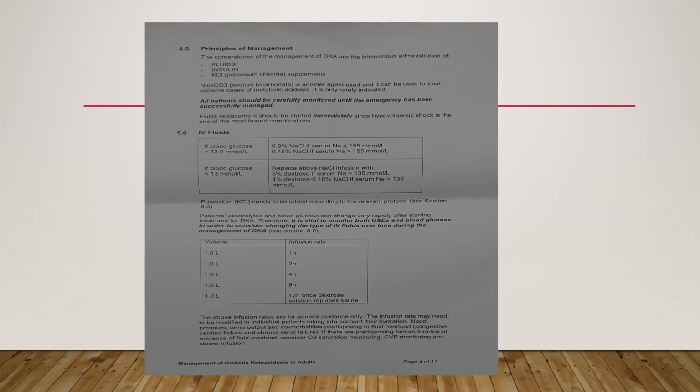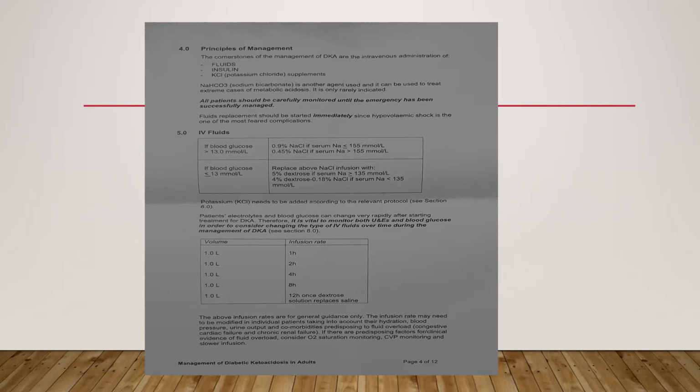Remember this, forget about the sodium, because in the majority, if not all patients, the sodium will be normal or low. It's unlikely to have a high sodium with high blood glucose, because, as you know, hyperglycemia can cause pseudohyponatremia.